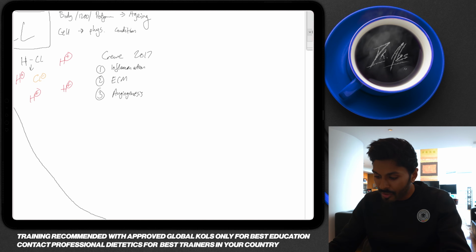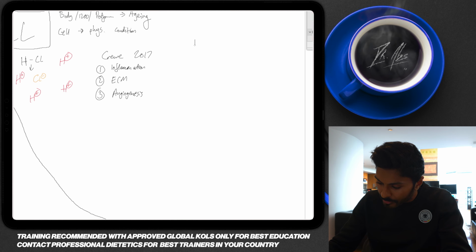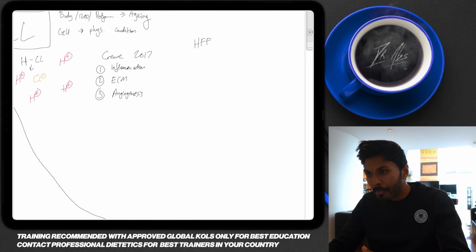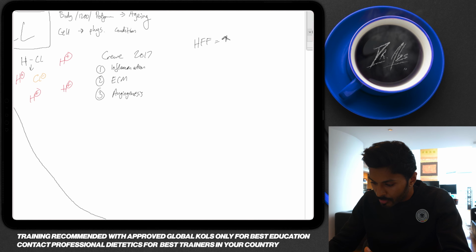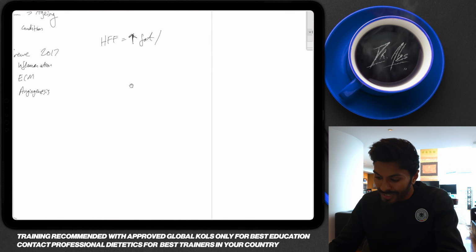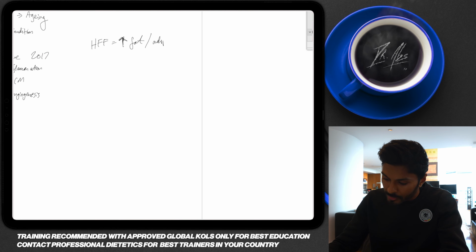In cellulite, let's say you have a high-fat feed. Basically, you're having too much KFC. Okay, you have a massive increase in the fats. In other words, in the adipocytes, however you want to say it, the fat cells.